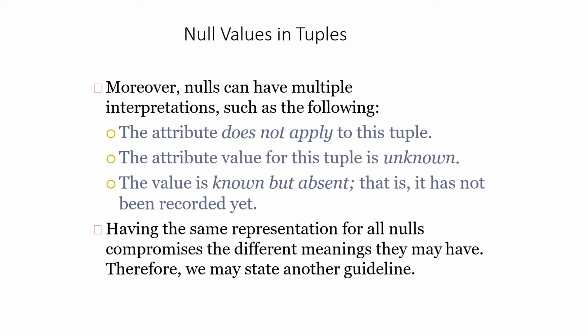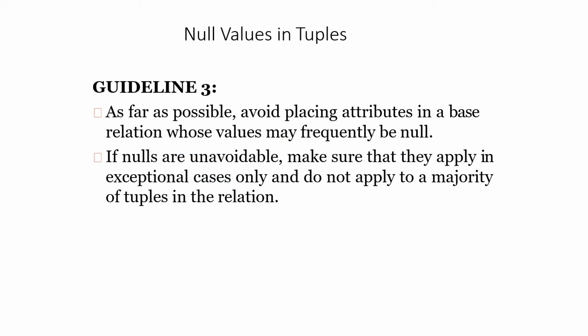So there are three kinds of things that can be related to null values. For all these three, we will write the simple word null. Having the same representation for all nulls compromises the different meanings they may have. Therefore, we may state another guideline. So, there is guideline number 3.